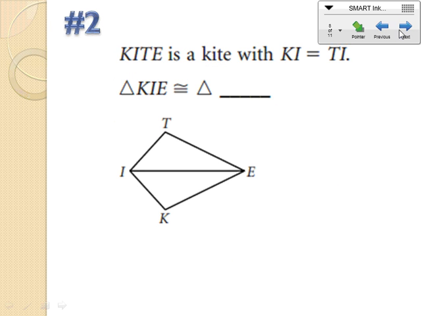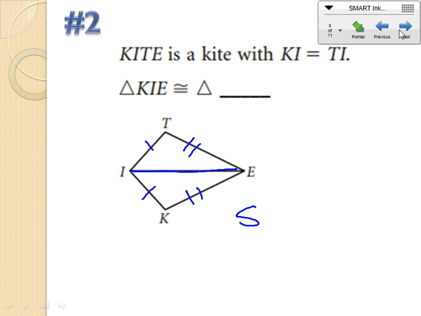In number 2, they tell us we have a kite with KI congruent to TI. One of the things we know about a kite, we have to think about the properties of a kite, and we also know that KE is congruent to TE. And then IE, they share that side, so that would be congruent by the reflexive property.